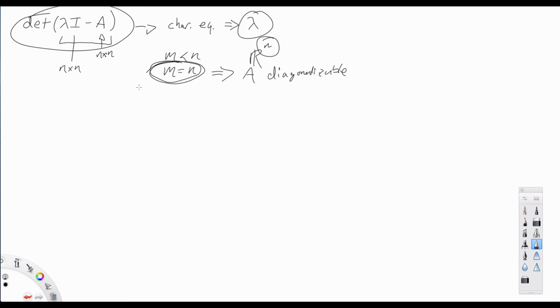So let's go back to this concept of diagonalization. There's a specific way of diagonalizing a matrix that utilizes the eigenvectors associated with a matrix.